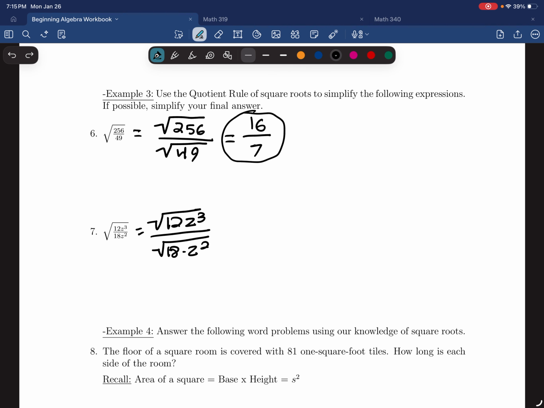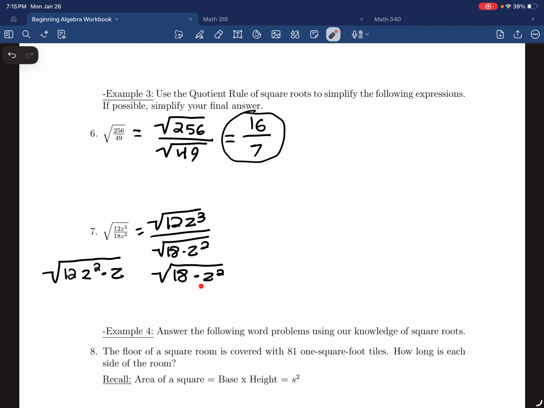So what we're going to have to do is create a factor tree for the square root in the numerator and denominator. So we have 12 and z cubed. Now I can write z cubed as z squared times z. And then 18 in the denominator, we have 18 times z squared. And I'm not going to change anything about this exponent because it's even already.